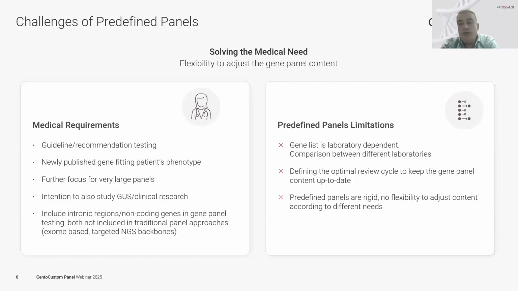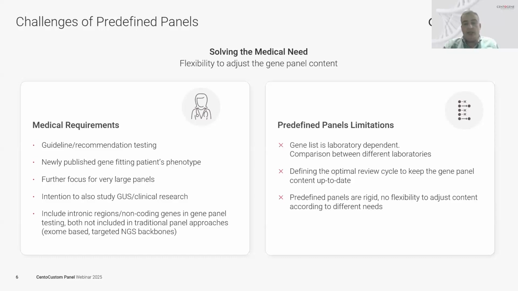So if we want to keep the same panel for all our patients, probably going with a pre-designed panel is not the best choice. Also, because the number of genes that are associated with disease every year is around 250, 300 per year, it's very difficult to keep any panel perfectly updated.